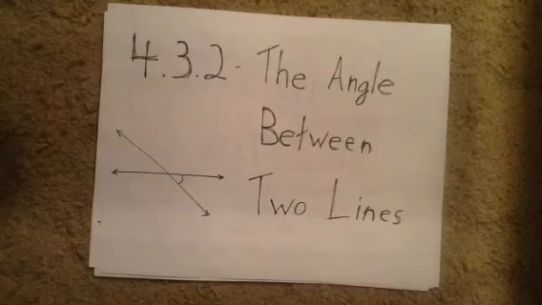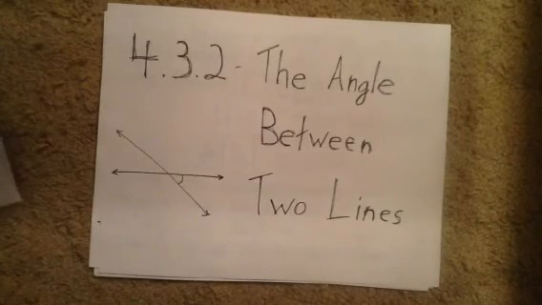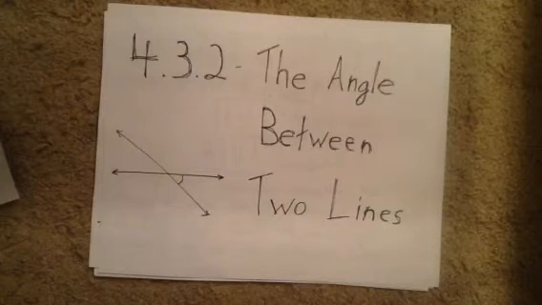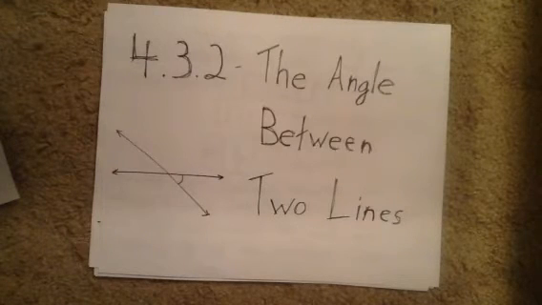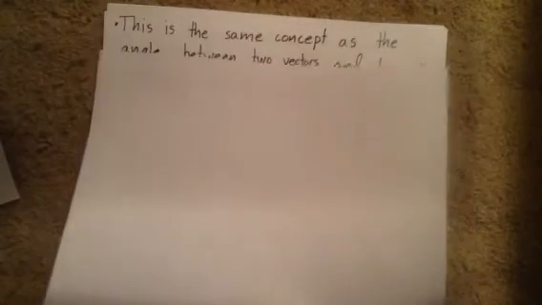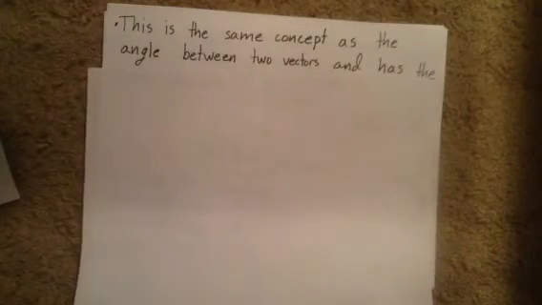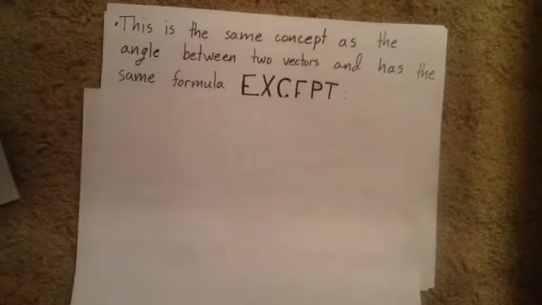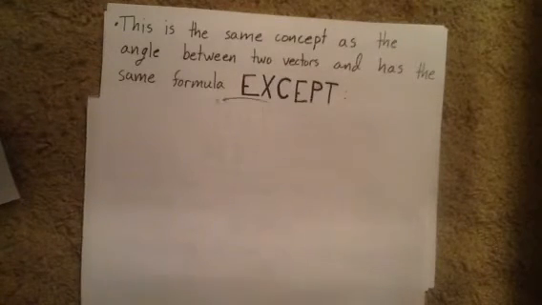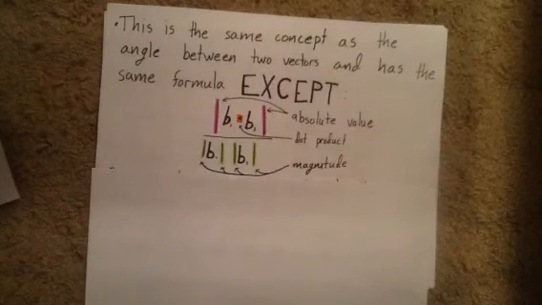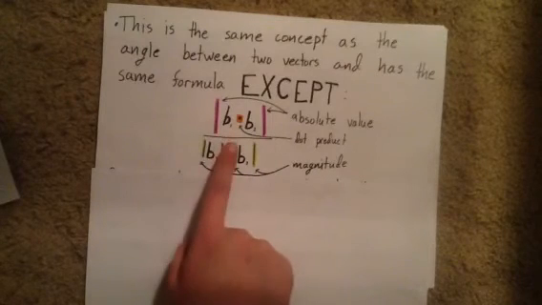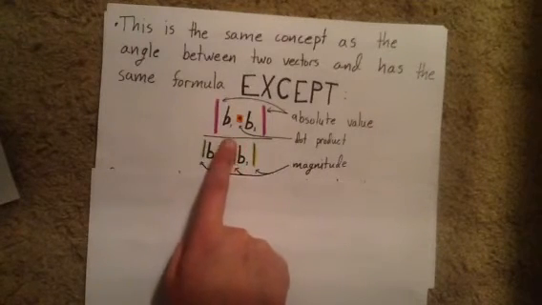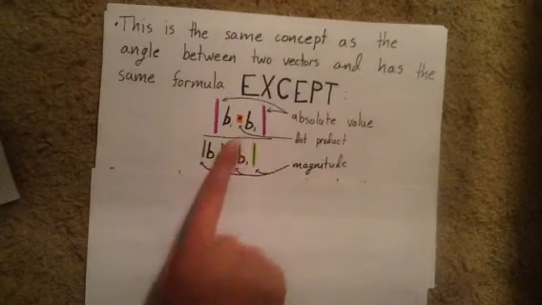Okay. We are now moving on to chapter 4.3.2, the angle between 2 lines. This is the same concept as the angle between 2 vectors and has the same formula, except the angle between 2 lines takes the absolute value of the dot product between vector b1 and vector b2.